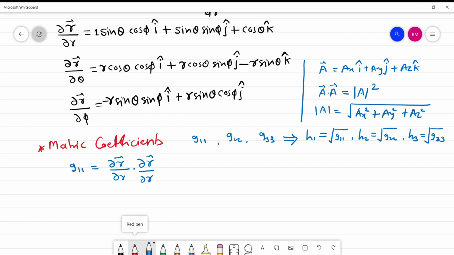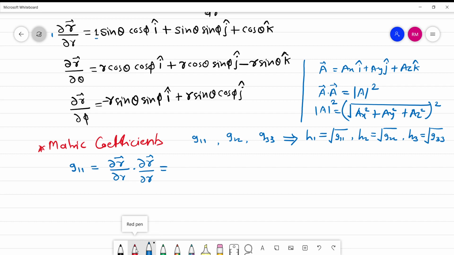This is a very simple thing, and if you want to obtain the square, you just square the terms. I can do a similar thing here. Here you can see, delta r bar by delta r, that is here, right?